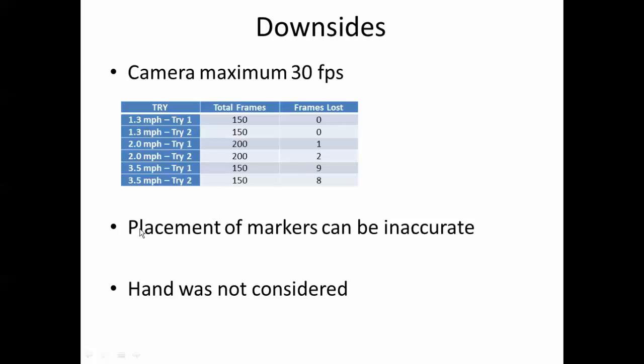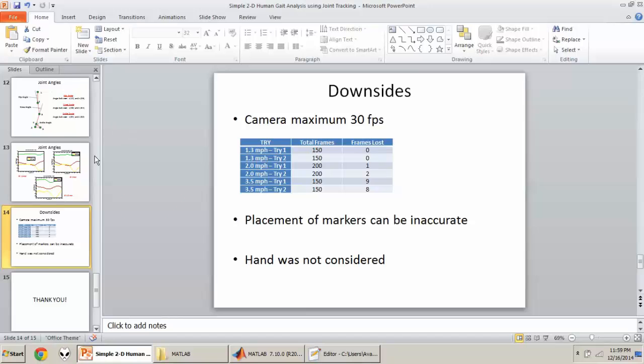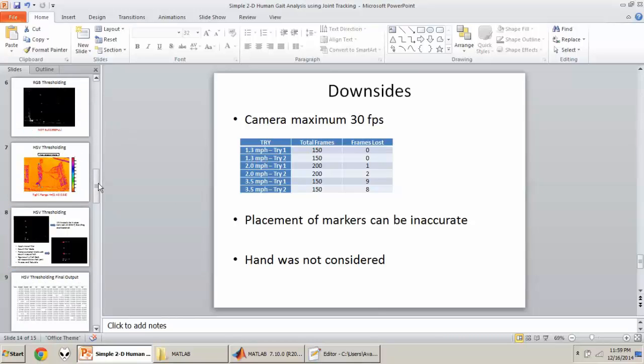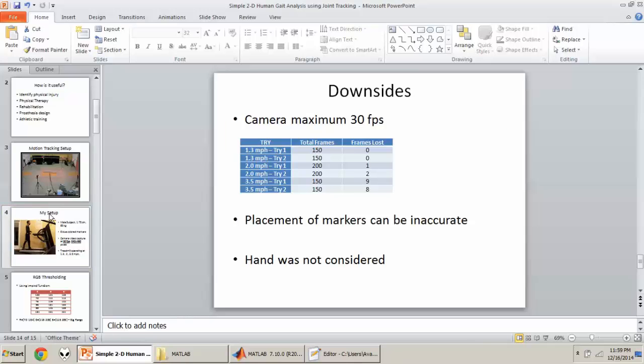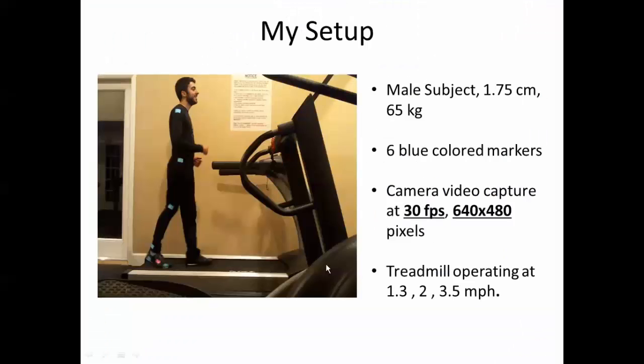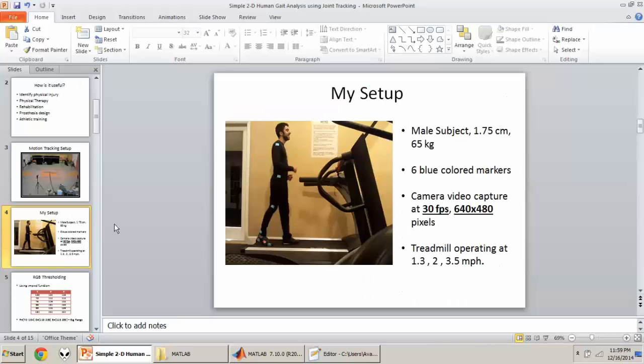The second issue is that the placement of markers can be inaccurate. The placement of the markers exactly has a lot of bearing on the angles and on the whole outcome. So right here, I placed them as best that I could, and there's the shoe and the clothes, so I just want the viewer to know that the data is extremely sensitive to exactly where you place the markers, and I did my best to place them in the exactly right locations, but who knows.